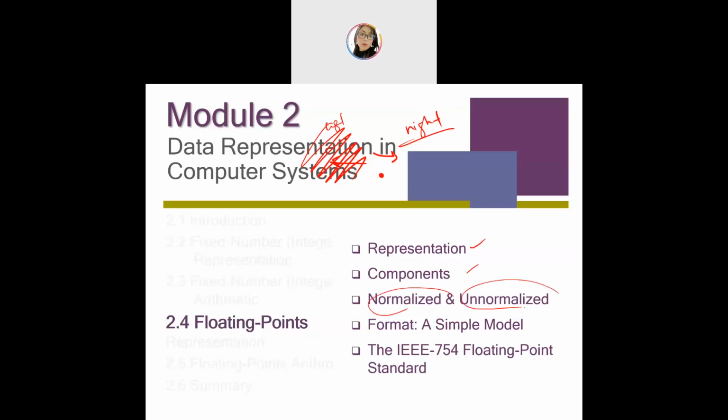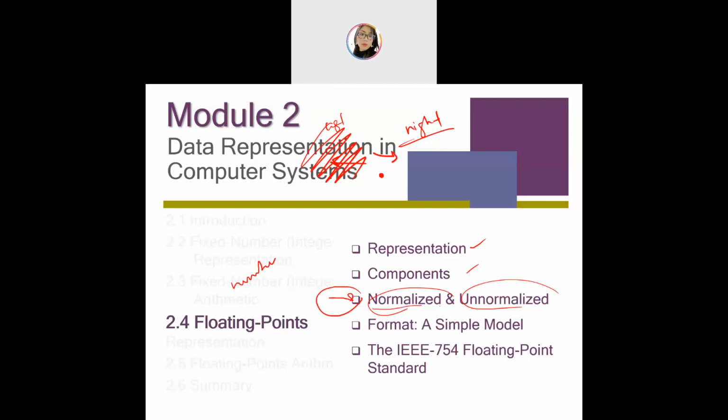Normalized and unnormalized is a favorite question. You will be given numbers and you will be asked to do the normalization. There will be several ways for you to normalize.